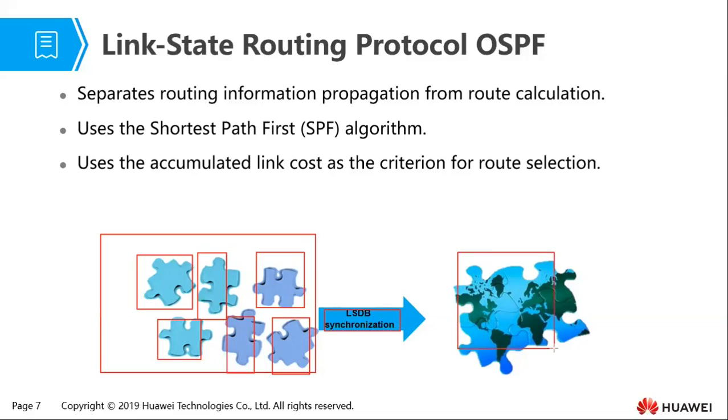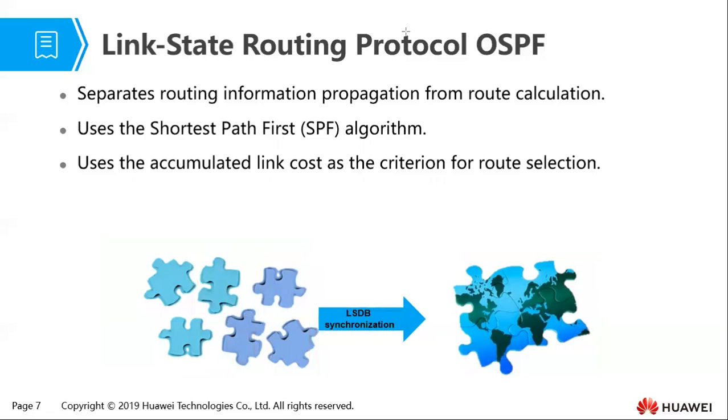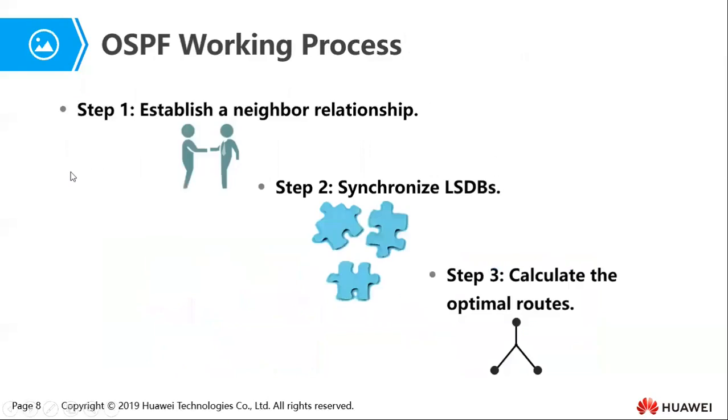Now every router is going to have the entire map of that particular network. LSDB is the link state database. The link state database is what is used to store the information that is shared by all the routers in that particular network.